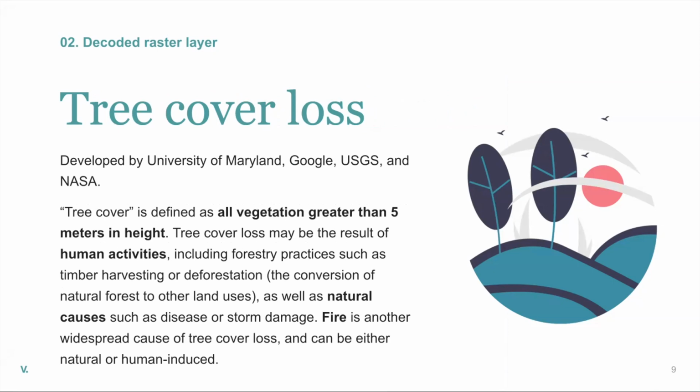This layer, the tree cover loss, was developed by the University of Maryland, NASA, and Google. The tree cover loss detects any change in the tree cover, defining tree cover as all vegetation greater than 5 meters height. This change could be caused by many different things like human activities, forestry practices, timber harvesting, natural causes such as disease or storm damage, or fires.